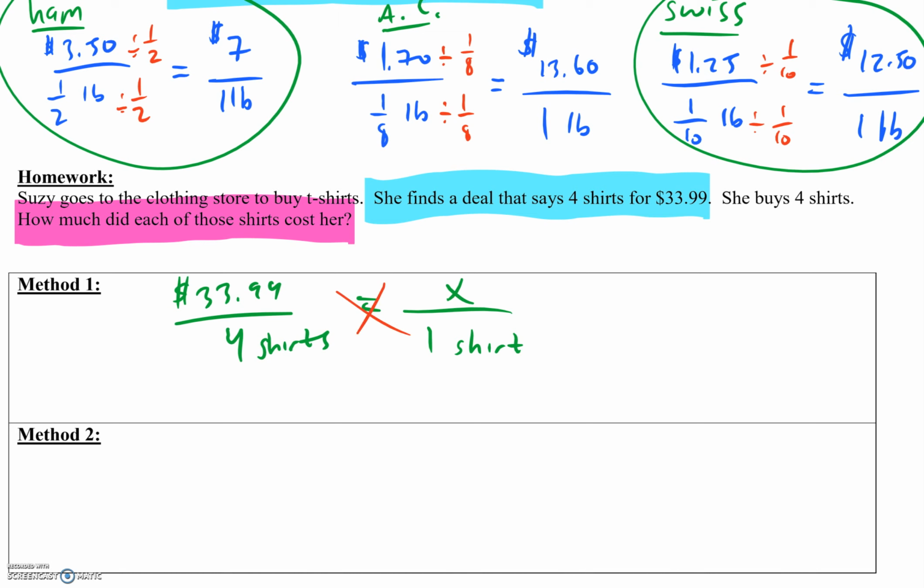Cross multiply. We have 4X equals $33.99 times 1, which is just $33.99, divided by 4 on both sides, and we get X equals 8.4975.